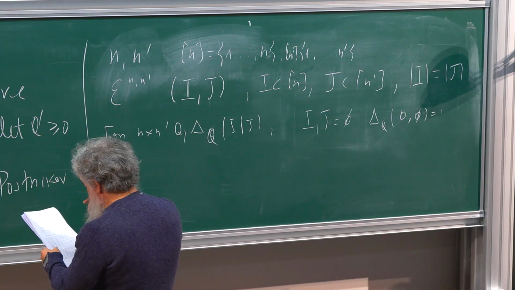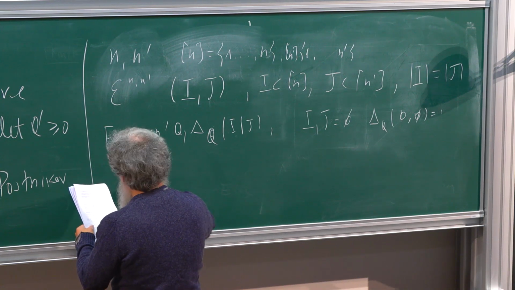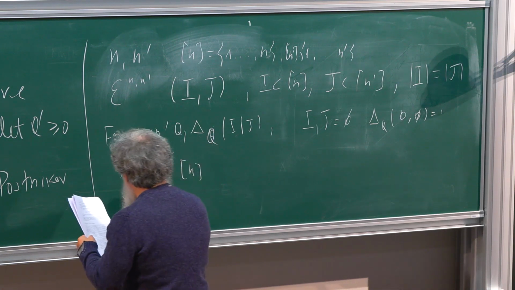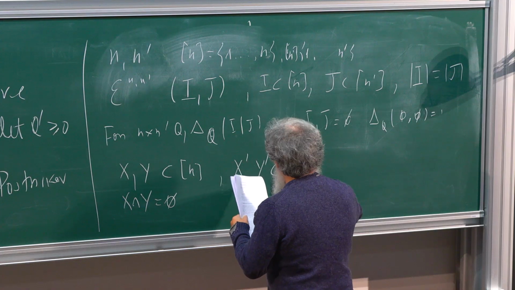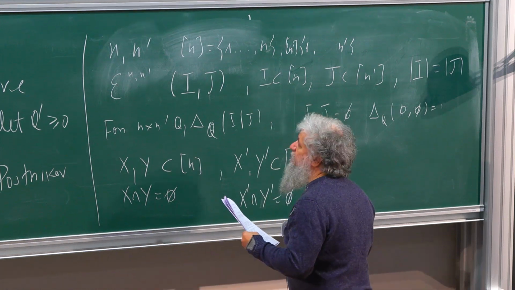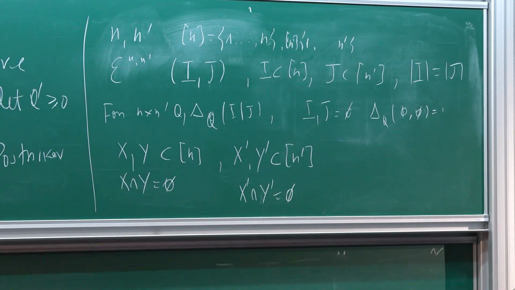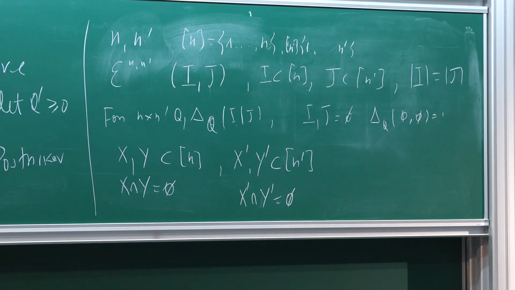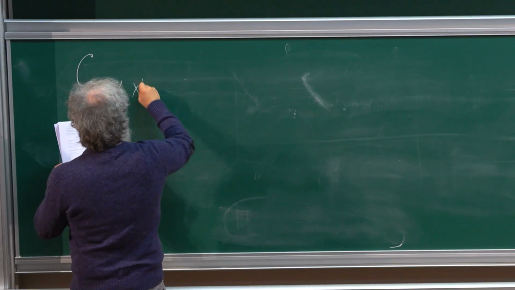And now we choose four sets, X and Y, they are disjoint subsets of n, and X prime, Y prime, disjoint subsets in n prime, and define the following set C of X, Y, X prime, Y prime.